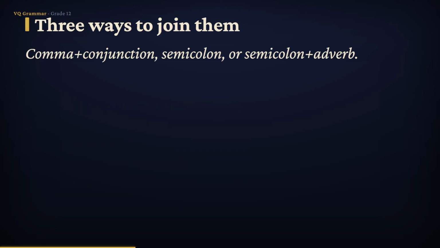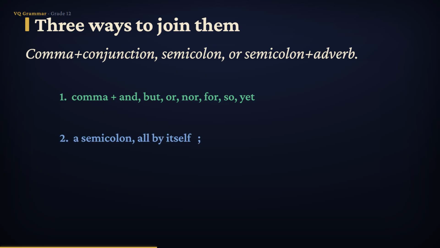So how do we actually join two main clauses? English gives you three legal ways. First, and most common, a comma followed by a coordinating conjunction: and, but, or, nor, for, so, or yet. "The library closed early, so we studied at the diner." Second, a semicolon all by itself, with no conjunction at all.